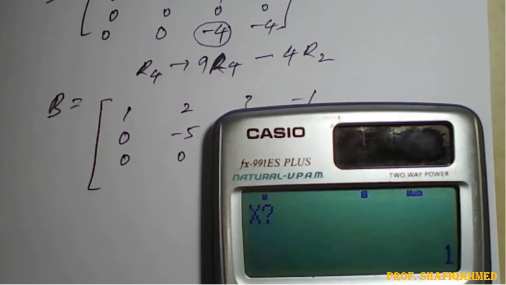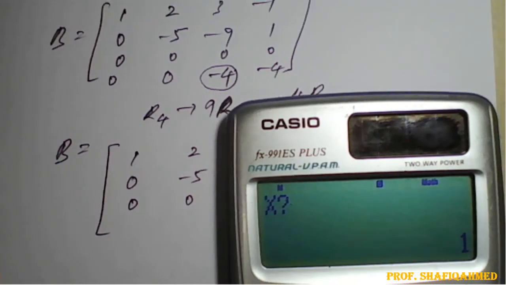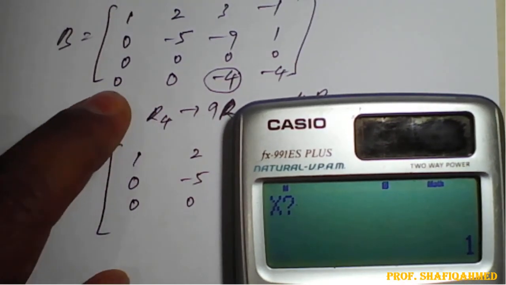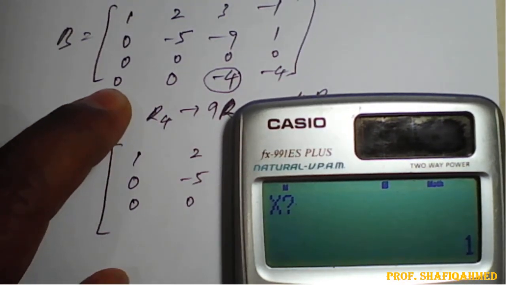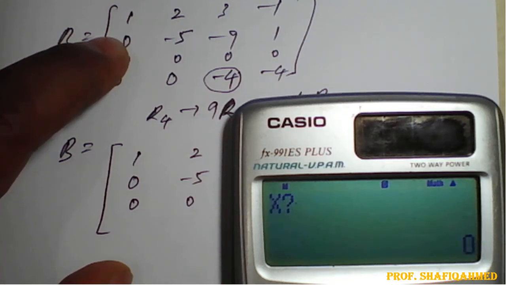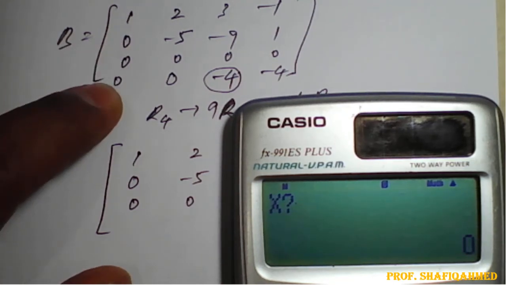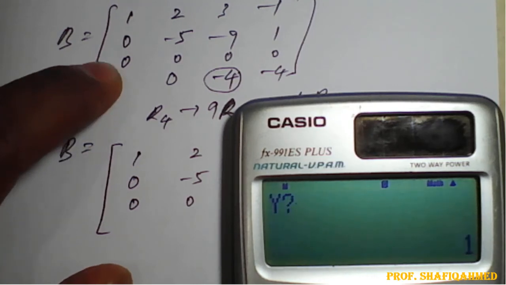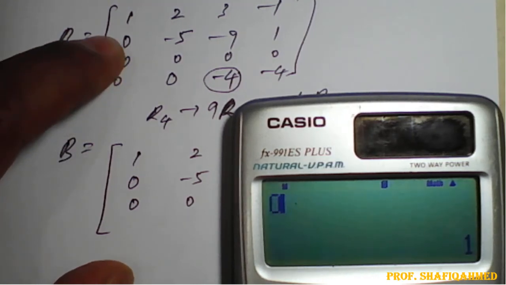What is the X value from the table? These are our X values: 0, 0, and Y is also 0.